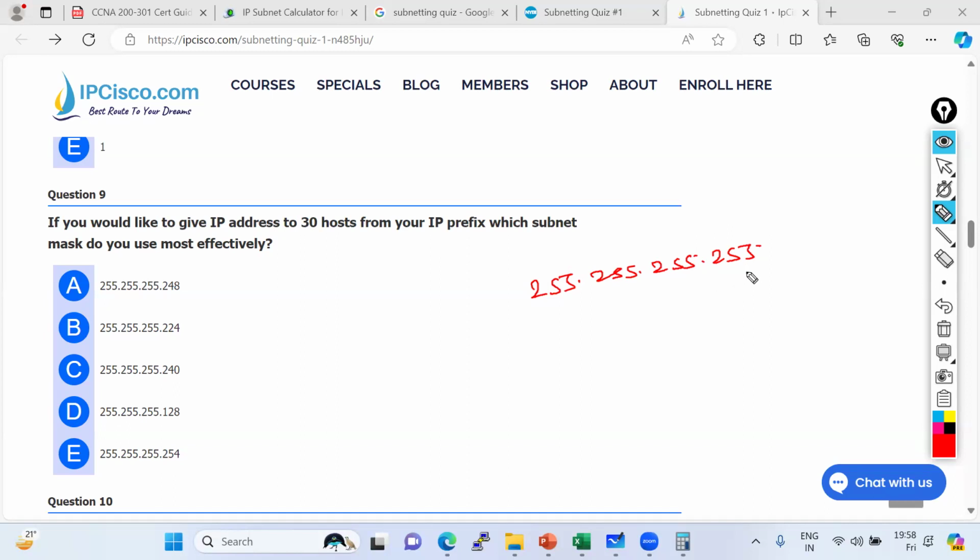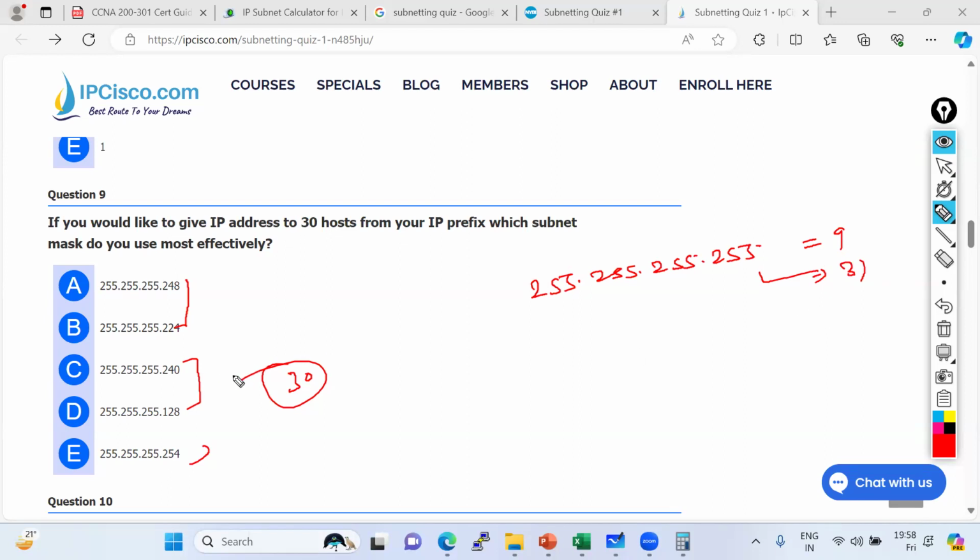So which number are you going to subtract? You need the closest number to 30. If you subtract 248 from 255, how much do you get? 7. And for 224, if you do 255 minus 224, you get 31.